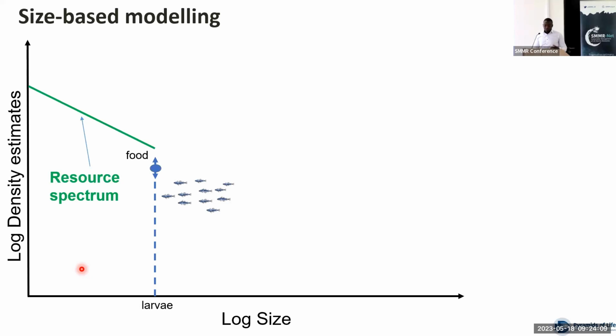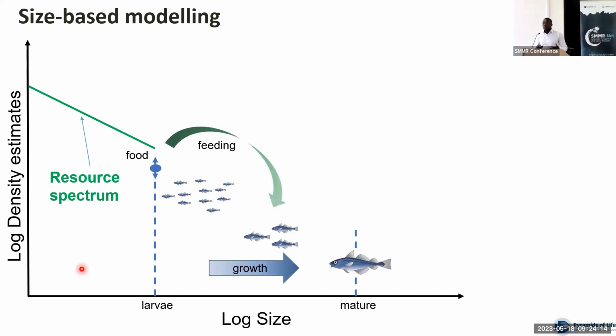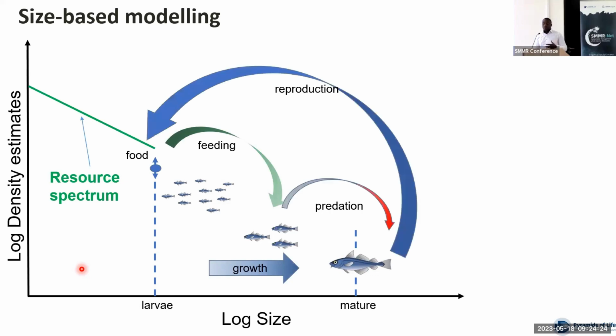Once the larvae feed on that resource, they grow to become subadults and later on grow to become mature fish. As they continue to grow, they also change their diet by feeding on other fish. And that in its own way leads to growth into a mature fish.